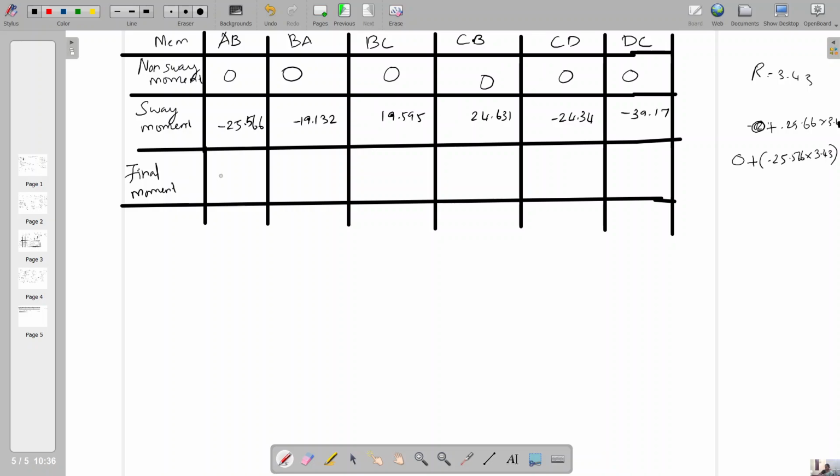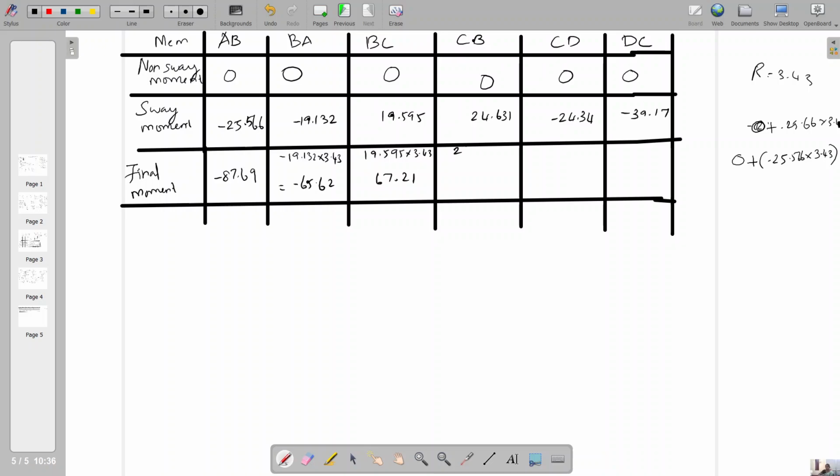So the value is minus 87.69. Here it is minus 19.132 into 3.43 equal to minus 65.62. Here plus 19.595 into 3.43 equal to 67.21.